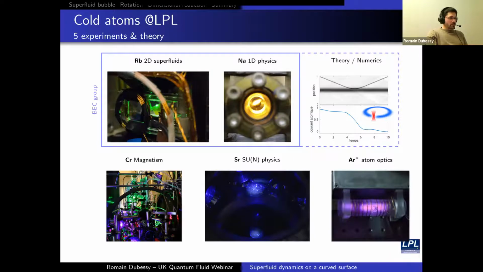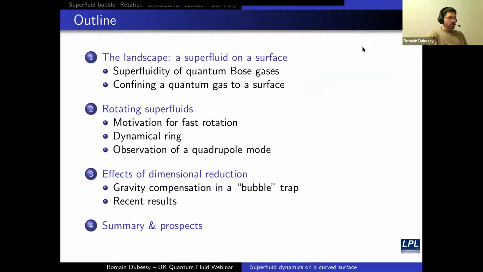So before starting, this is the outline of my talk. I will introduce you to our experiment and how we produce a superfluid on a curved surface, so how we create what we call the bubble-shaped trap. And then I will discuss the physics of rotating superfluids on this surface, and I will specifically discuss the fast rotation regime.